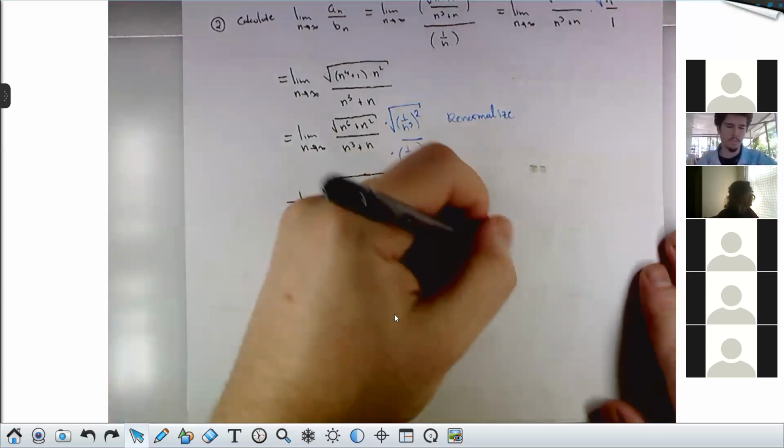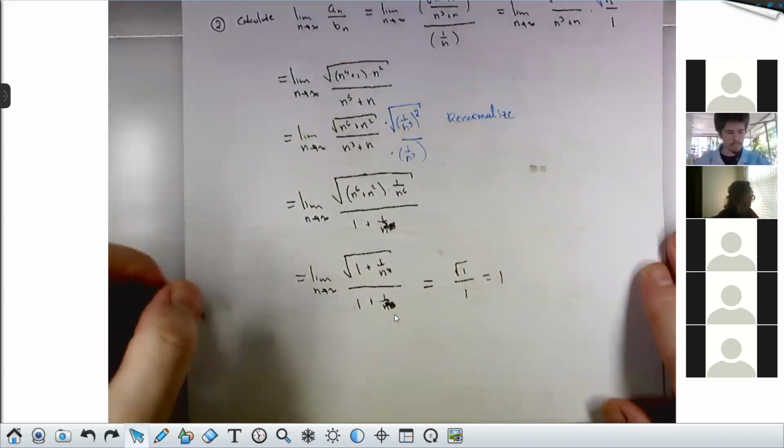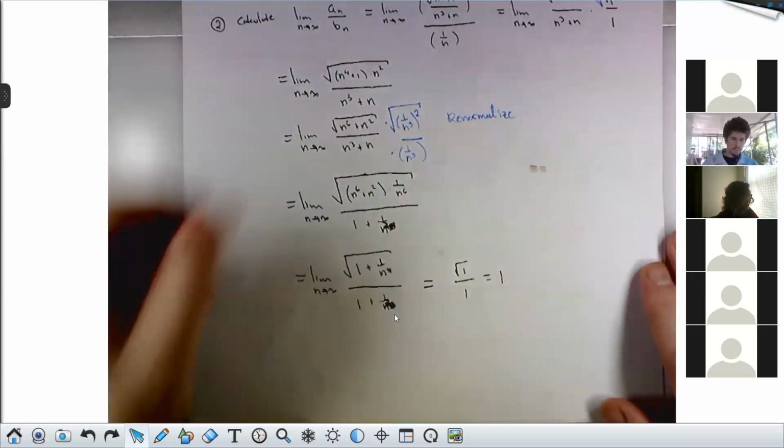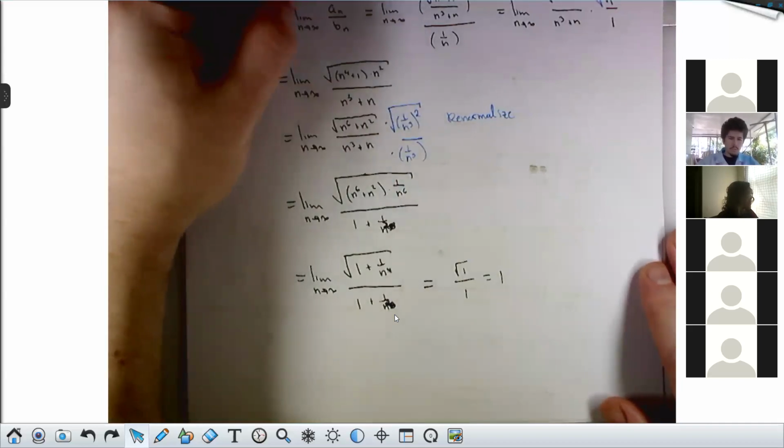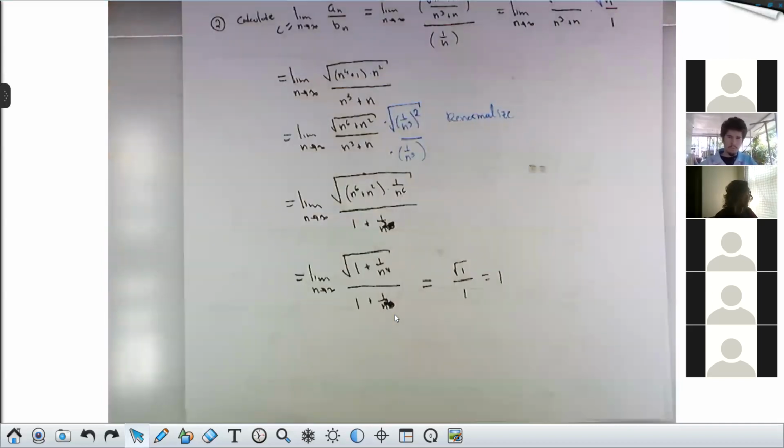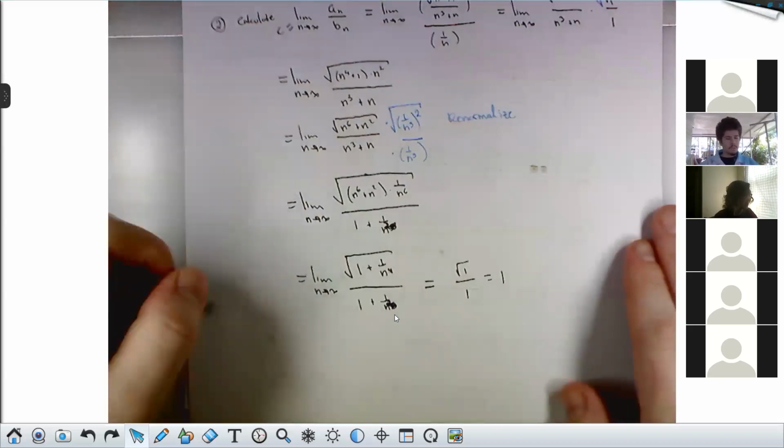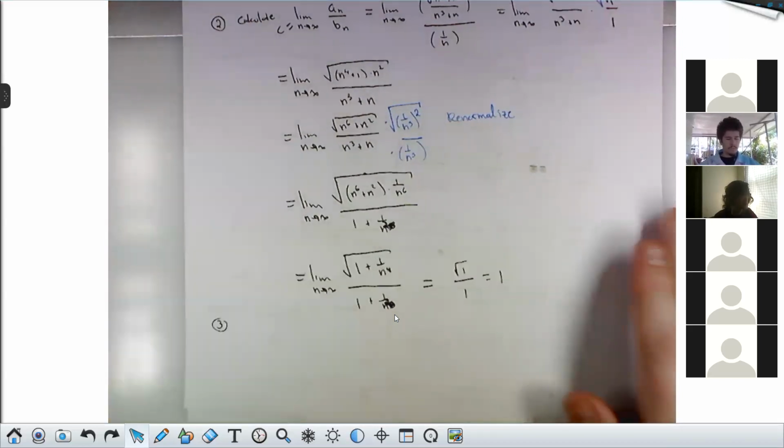And now, what do I learn from this? This is the thing we were calling this little c, right? What does this teach me? What does the limit comparison test say once you've computed the number c?